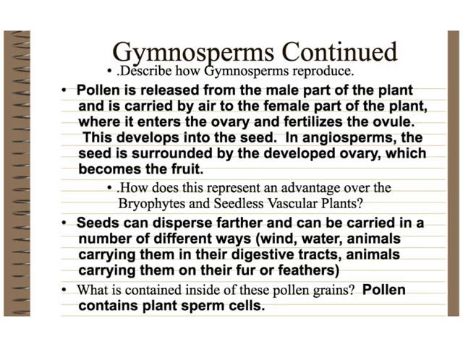The advantage that the seeds have, obviously, is they've got some food supply to get the baby plant started, but also seeds are attractive to animals. So seeds can actually be dispersed further, and usually in a number of different ways. They can sometimes have membranes on them that can be picked up by the wind. Seeds can be carried by water, but also then animals carrying the seeds in their digestive tract.